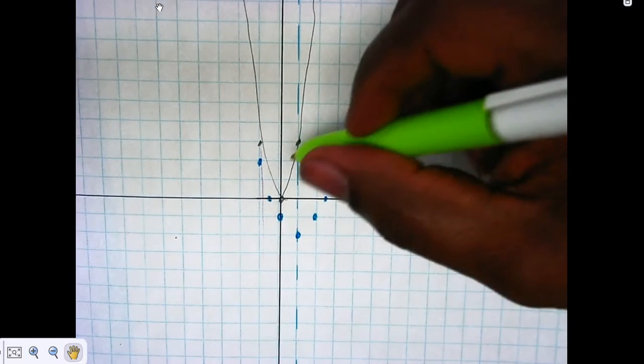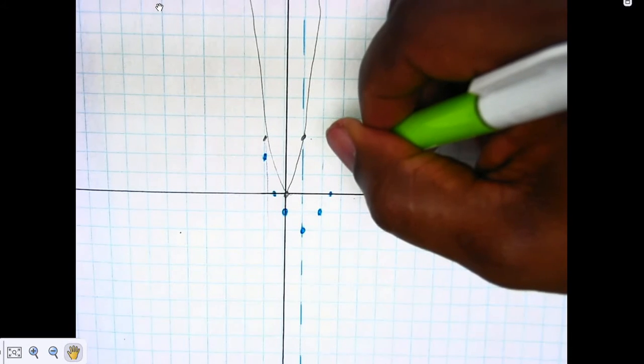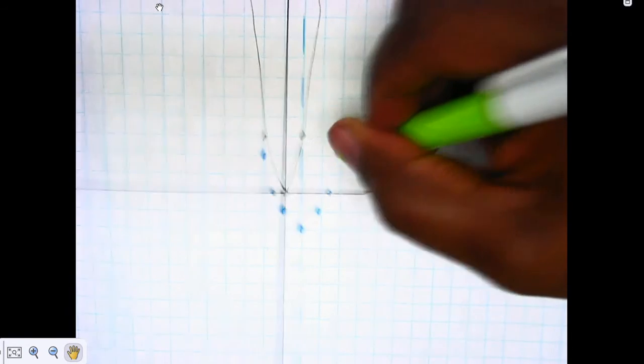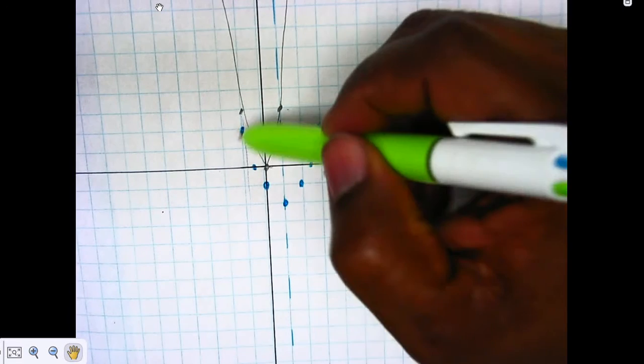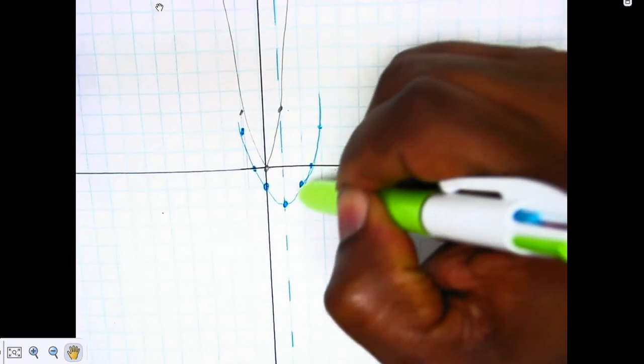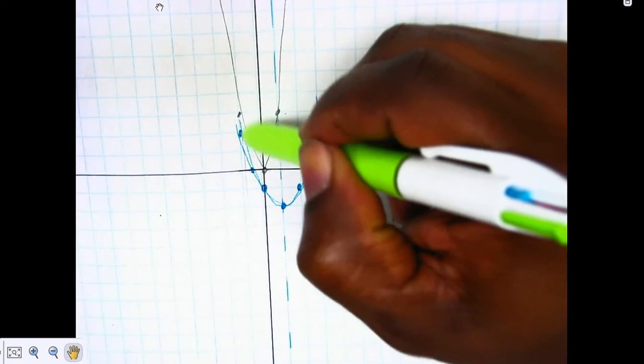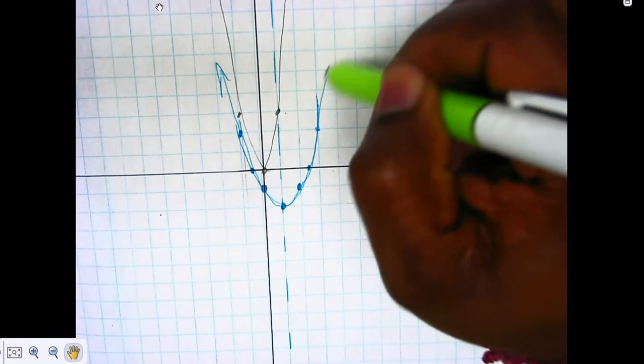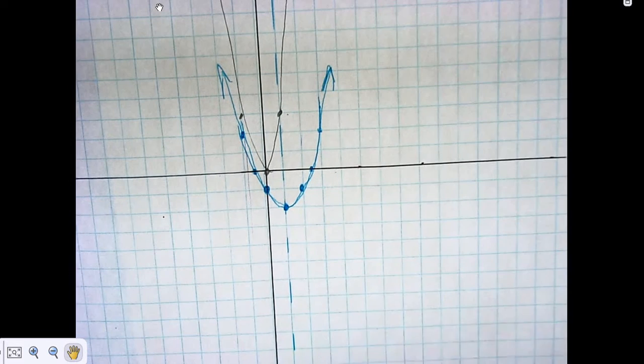And the same thing goes for this point here. The whole thing is symmetrical. So now I have a really good idea of what this looks like. So I can go ahead and, don't make a V, kind of round it off. And that is your ugly looking parabola because I can't draw.